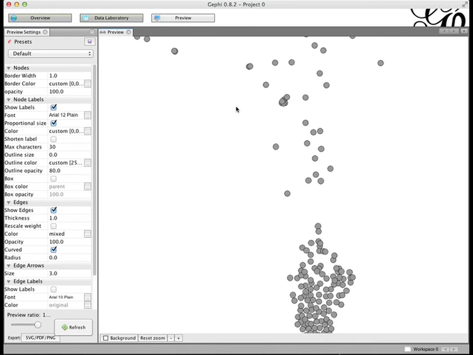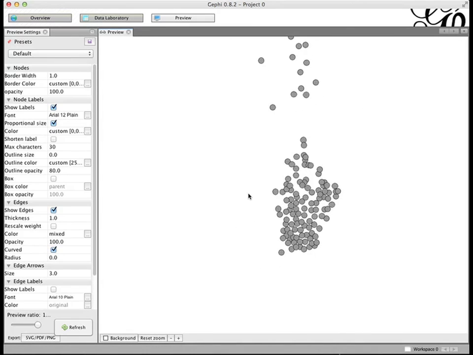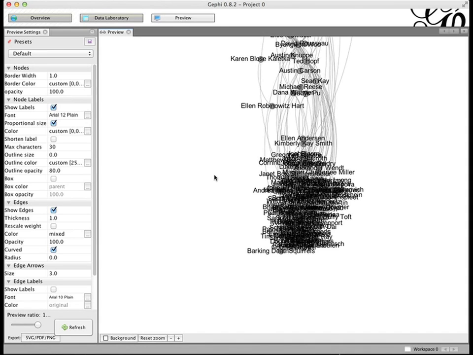If we take a look at the second network here, right, this network is a network of academics, and these folks are people who know each other, and I'll expand this out a little bit so it's easier to read.